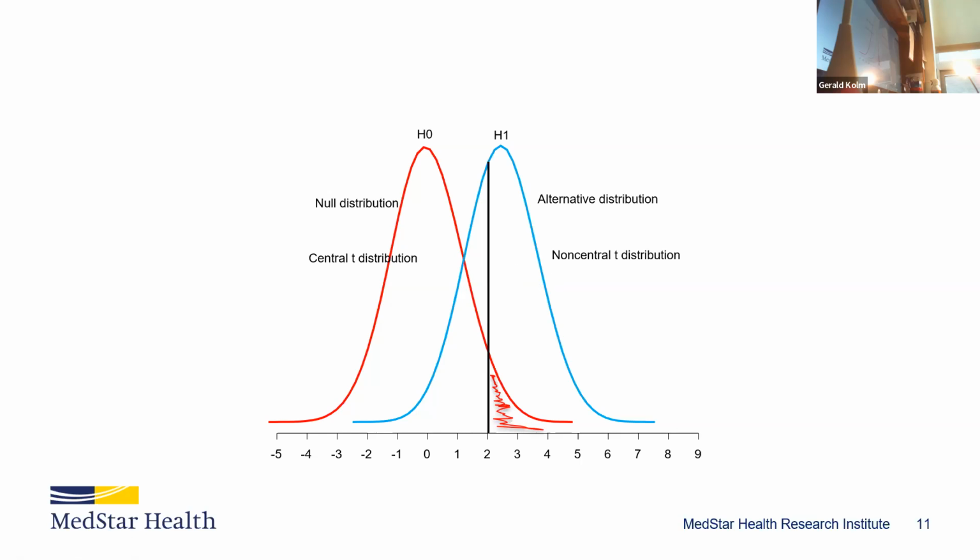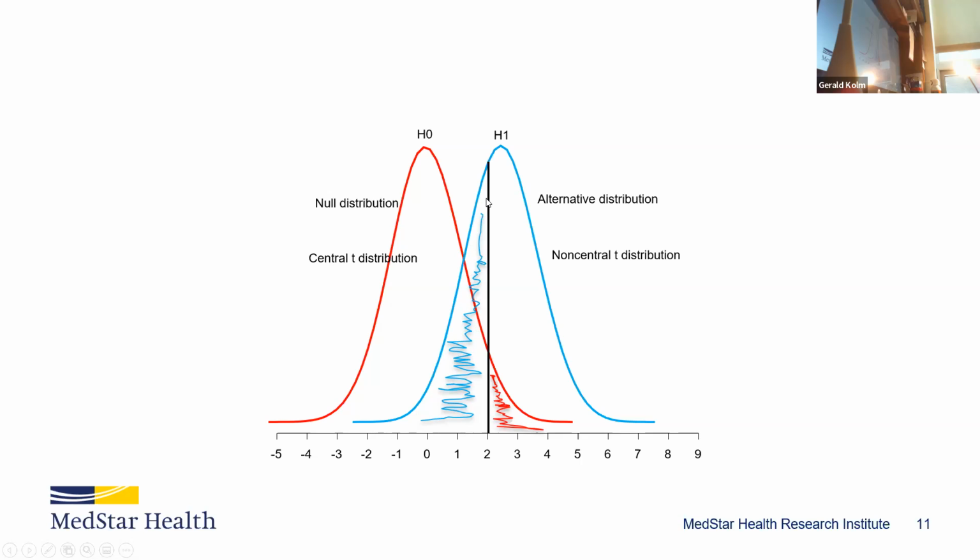Okay, so then if we focus on the alternative distribution, this area to the left of our cutoff here is the beta error, the area under the curve that is the beta error. In other words, if we get a p-value that's larger than what we had hoped for, then it would fall somewhere in here.